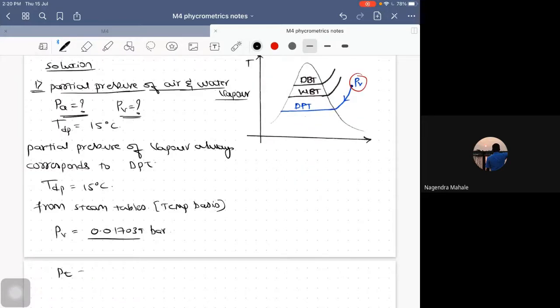PT, I guess, is given in the problem. It is around 1.01325. So can I calculate the value of PA? How can I calculate it?